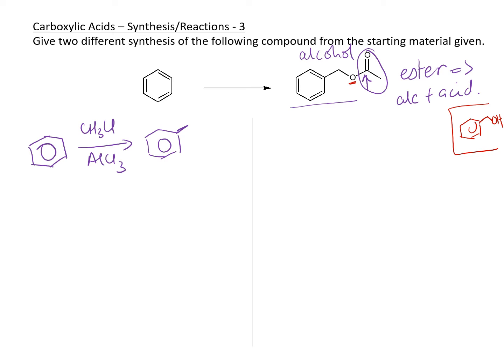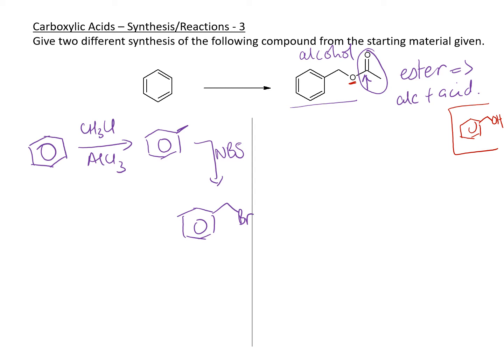To add a leaving group, you need to add maybe a bromine. To add this, you need to do a free radical reaction. NBS or Br2 with light or something like that.